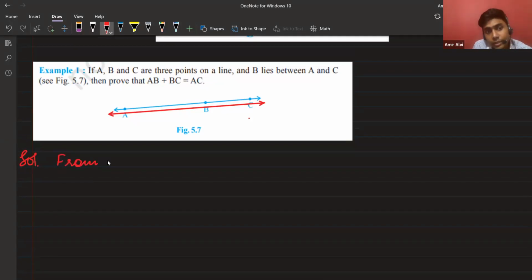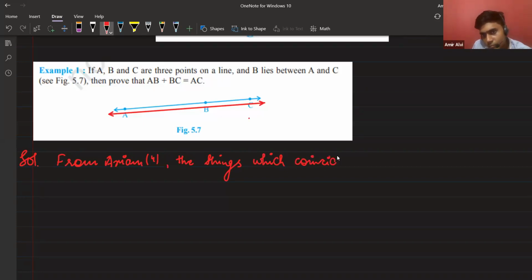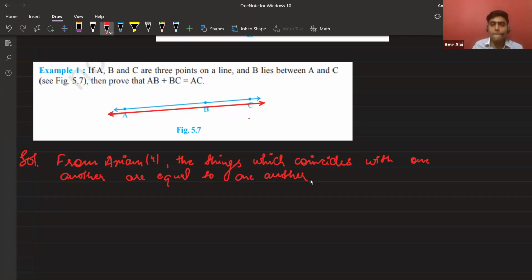You have to write the complete axiom statement from axiom 4, which is: the things which coincide with one another are equal to one another. Is this clear, Simrat?